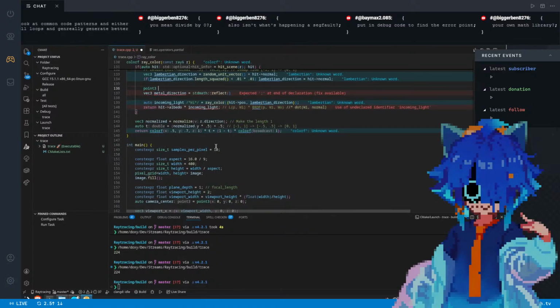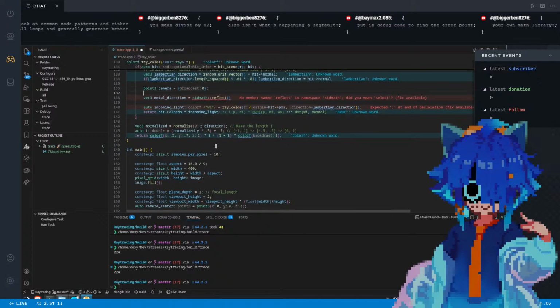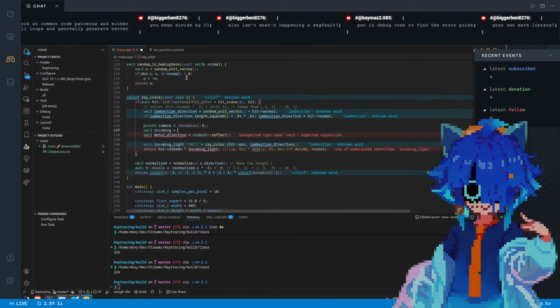So camera equals 0, 0, 0, which means that incoming is equal to hit point minus camera.